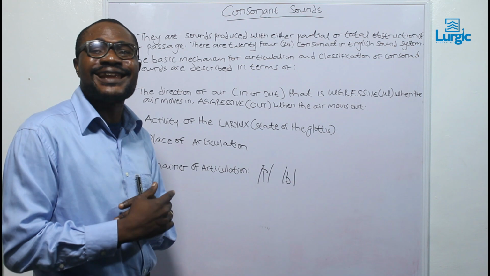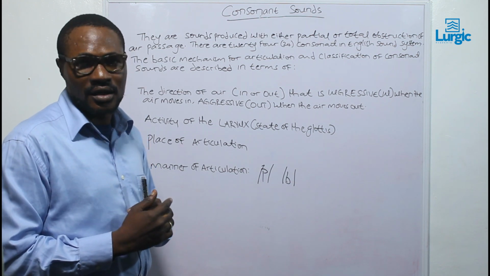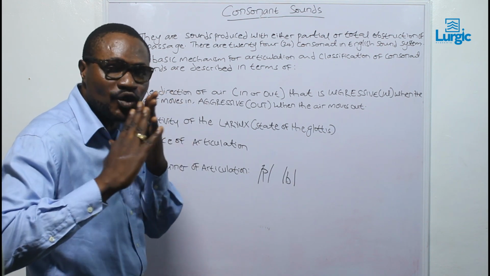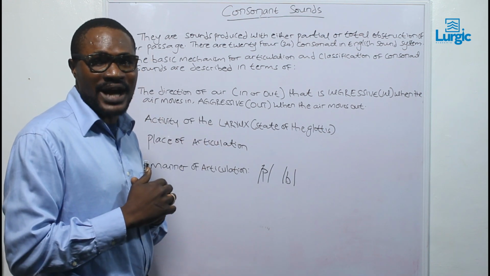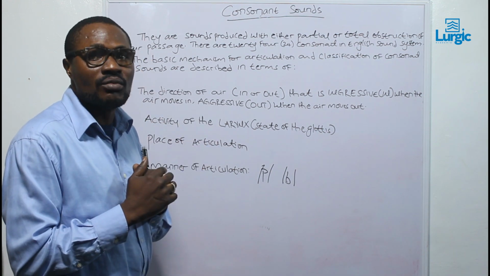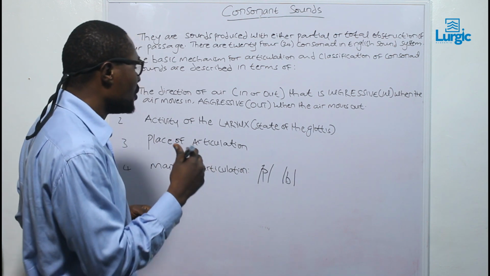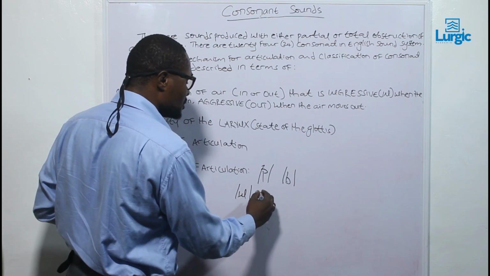Followed by the lateral. The lateral here talks about the partial closure for the air to produce the sound. Followed by the semi-vowel sounds, which you look at the likes of w and y.